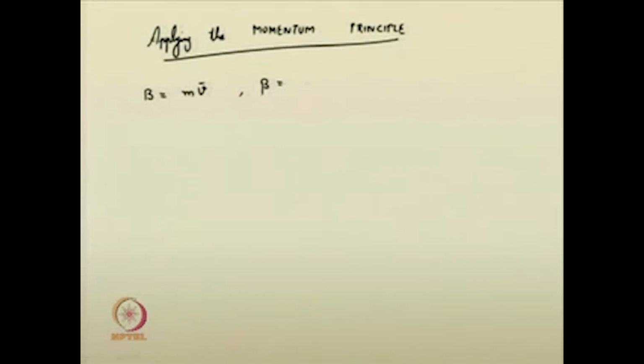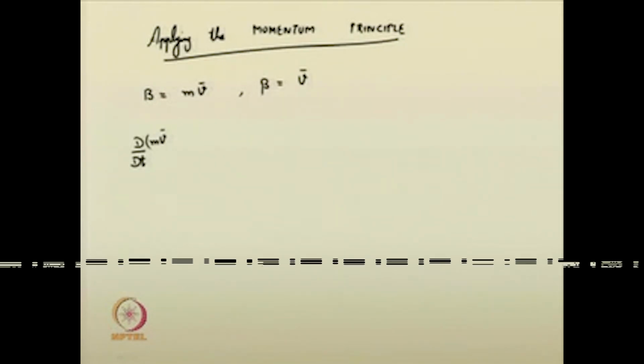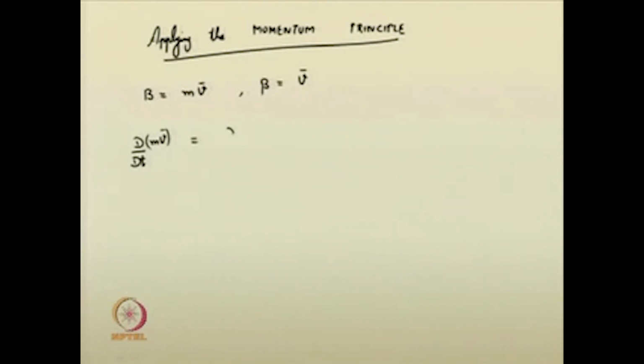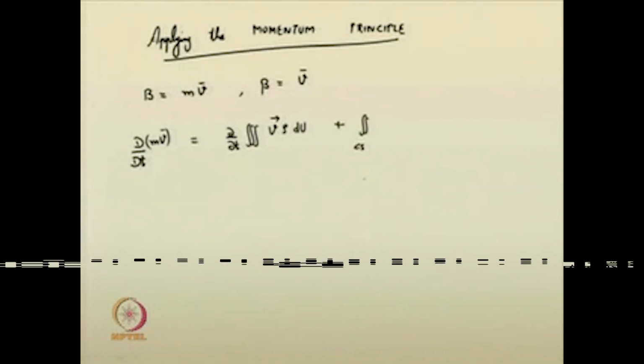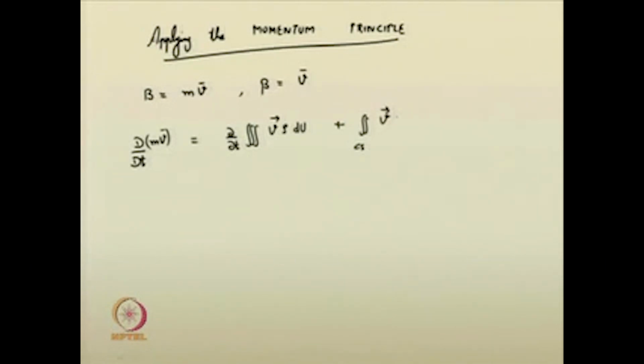Therefore, the intensive property is taken as V. Again, the Reynolds transport theorem, the material derivative of B, that is m V, is equal to dou by dou t of the volumetric integral of V rho dV plus the surface integral that gives you the net momentum flux that passes through the control surfaces of the control volume.